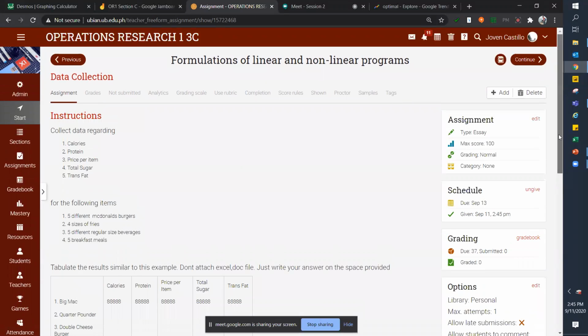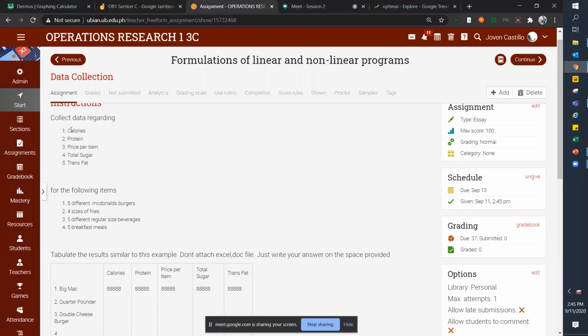So, anong klaseng data yung i-collect natin? Una, yung calories content, protein, price, kada item, total sugar. Kita ba yung screen ko? Trans fat.